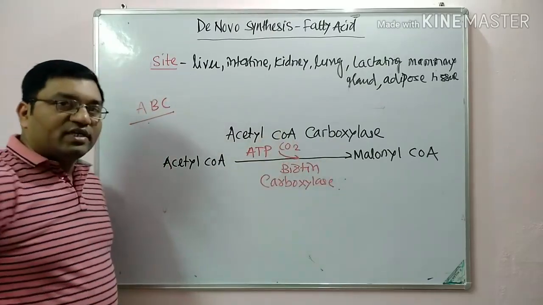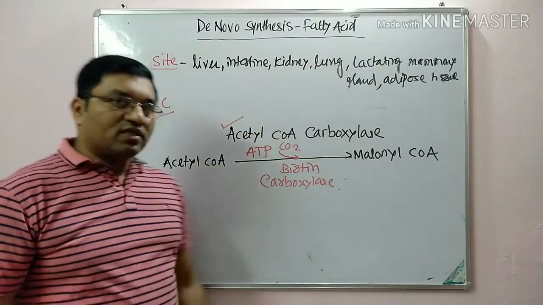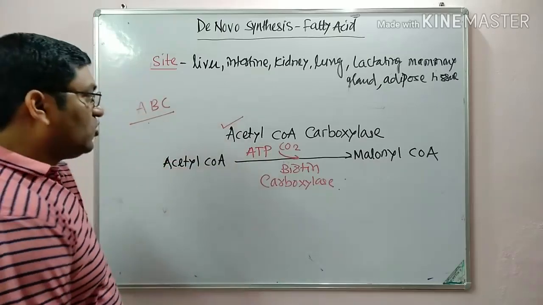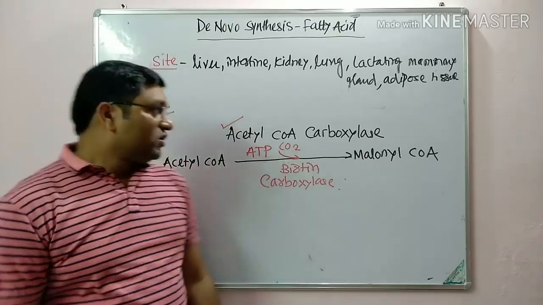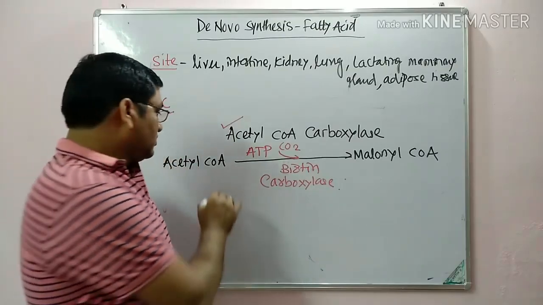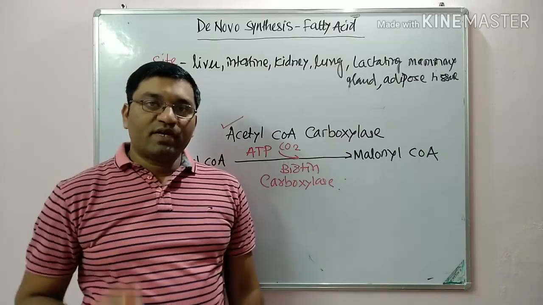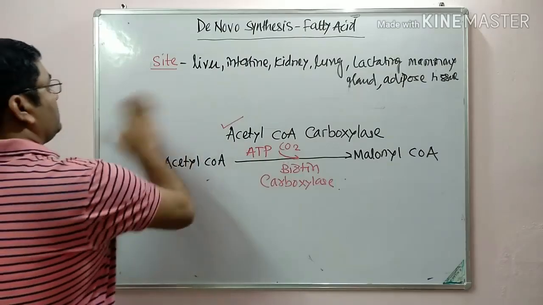This is a rate limiting step and it is regulated by dephosphorylation and phosphorylation and also by the hormones insulin and glucagon. So this is the first step in fatty acid synthesis, that is activation of acetyl coenzyme A into malonyl coenzyme A. Now coming to the pathway proper.